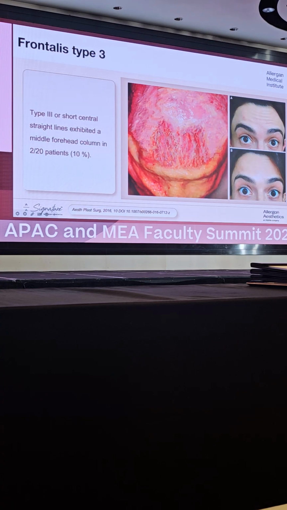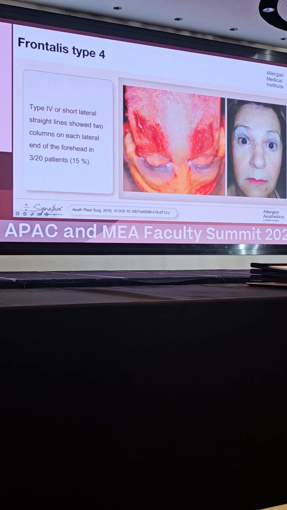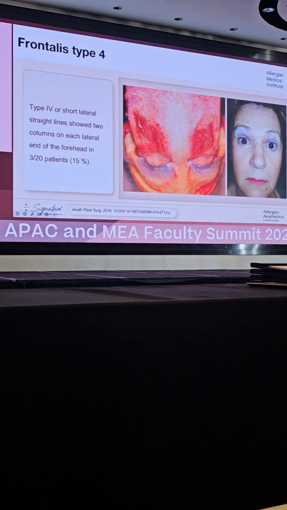And from time to time, we can also encounter a very short horizontal frontal line located only in the medial 1/3 of the forehead, suggesting this kind of patient will have 2 very small frontalis muscles, and these 2 muscles are very close to each other in the midline. And also, the patient could have very short, separated frontal lines, which are caused by small frontalis muscles that are separated from each other in the forehead.